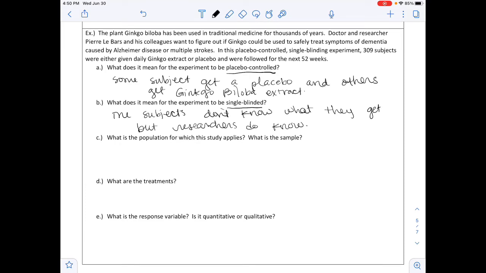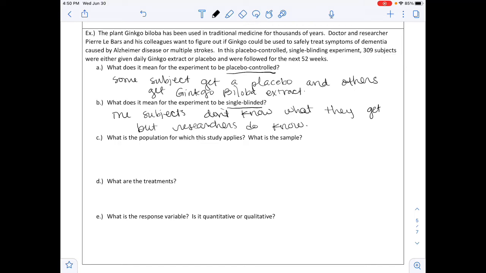So part C says, what is the population for which this study applies? What is the sample? So we have our population and then our sample. So let's go ahead and look at the sample first. And so we know that the sample is going to be, it tells us 309 subjects.